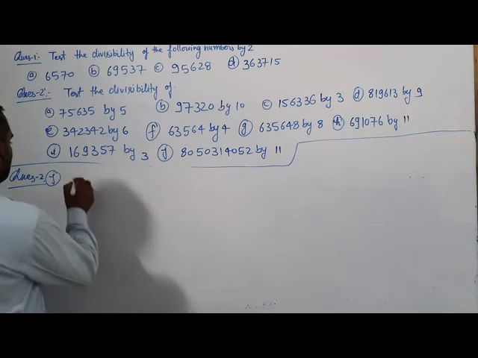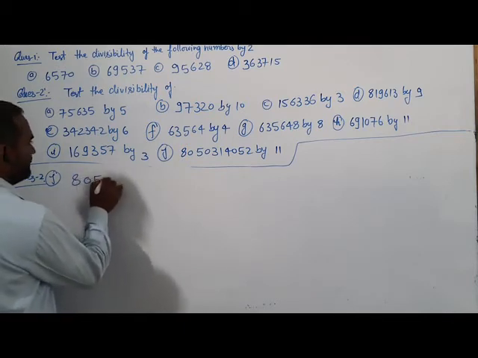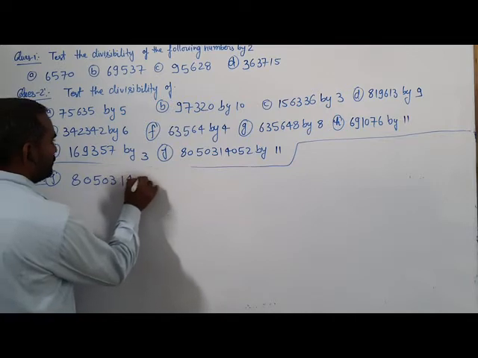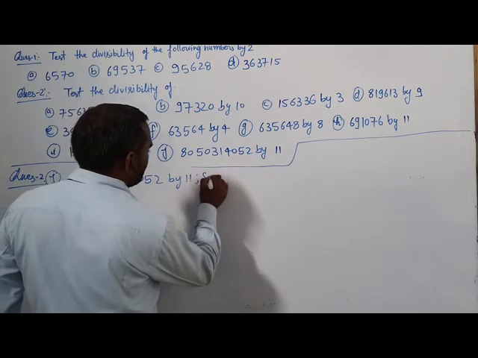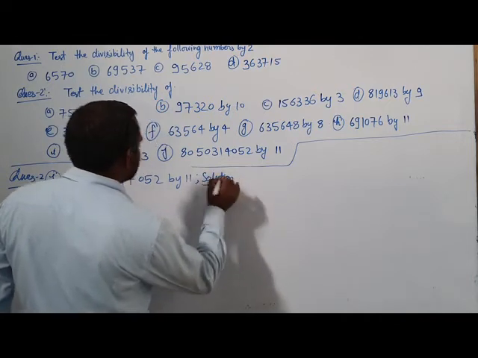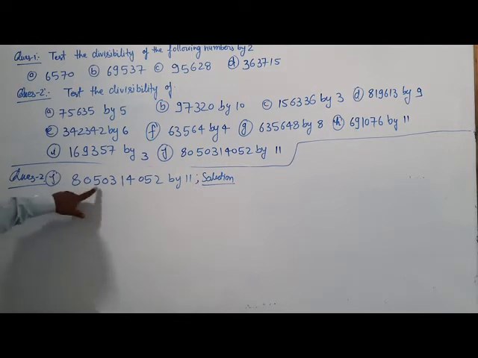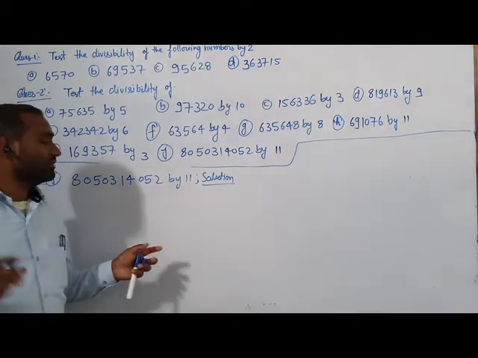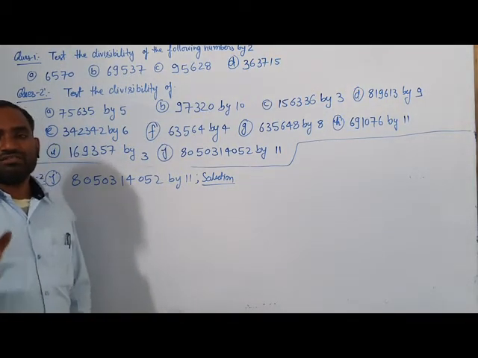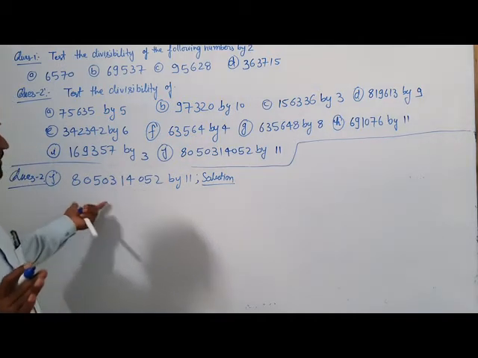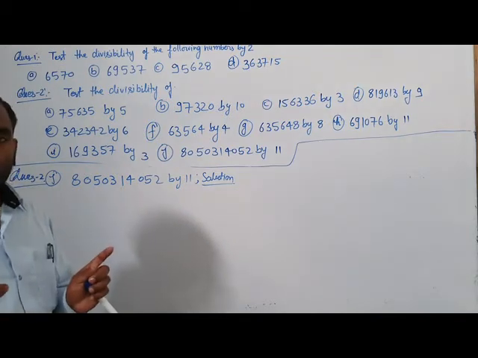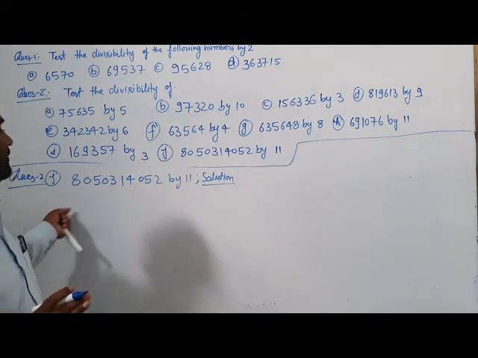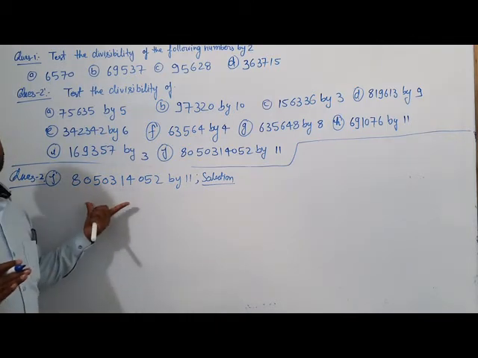J is 805031405 by 11. Solution. Here is 805031405. Here we know the divisibility of 11: if the difference of the sum of all places and the sum of digits of even places is either 0 or a multiple of 11, then the number will also be divisible by 11.